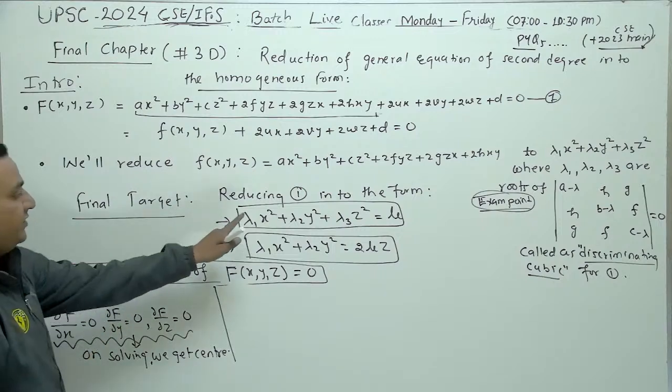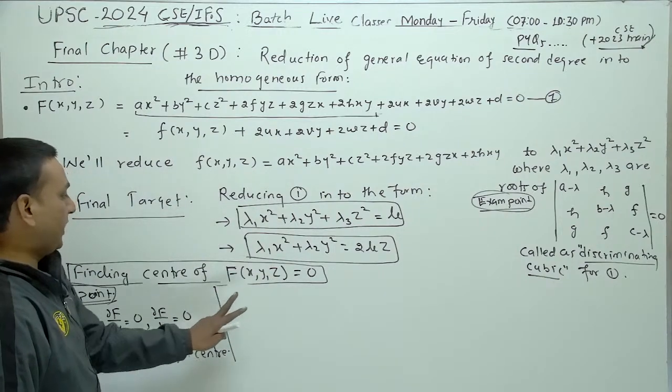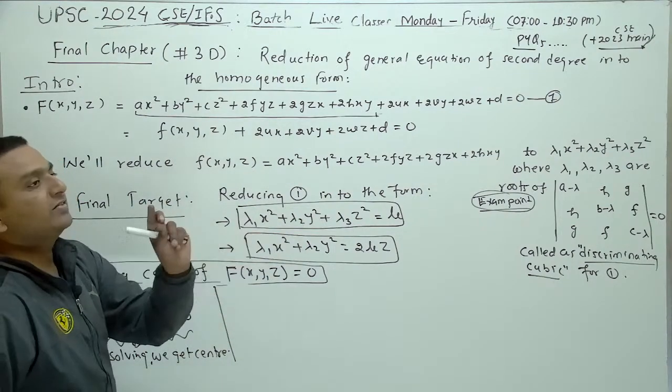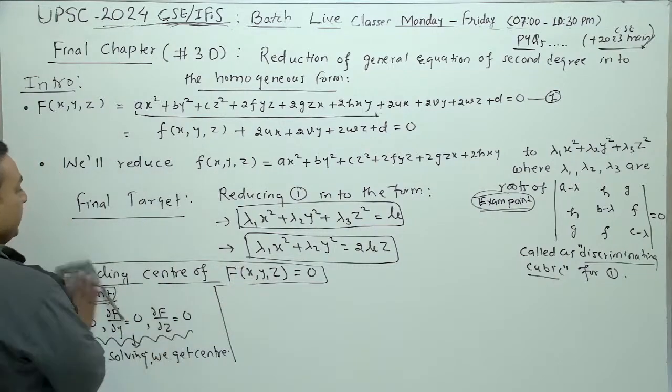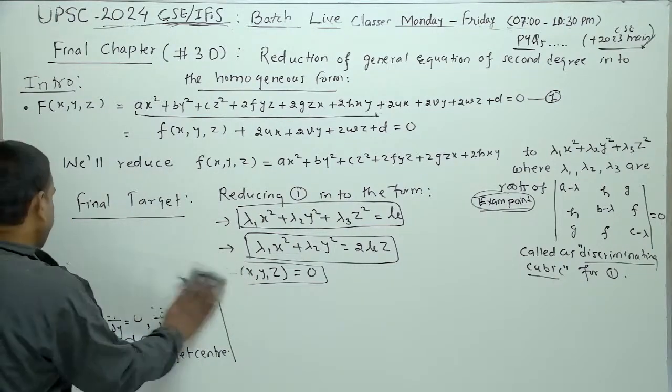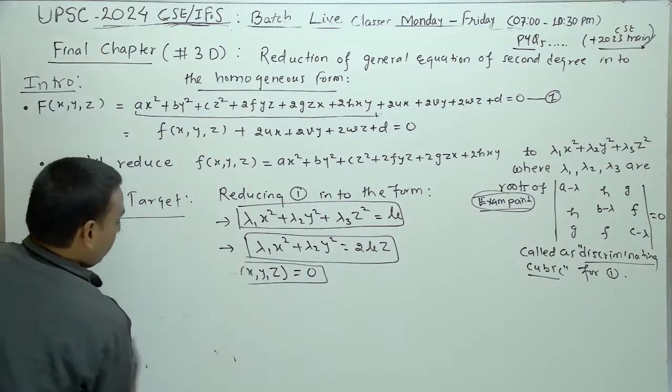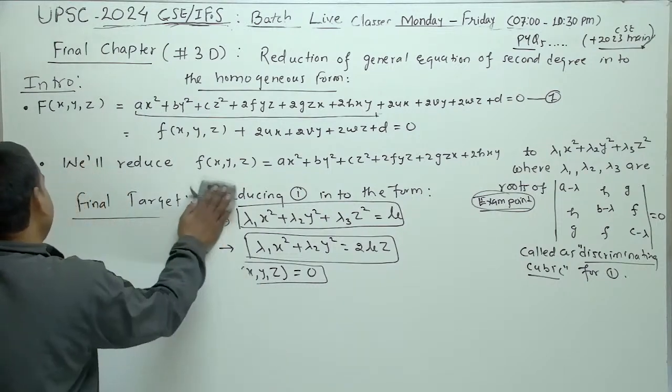So how are these things coming? Now these are the two targets, center and discriminating cubic. Now we are interested in getting the things for that. And this chapter will be over with these two things.